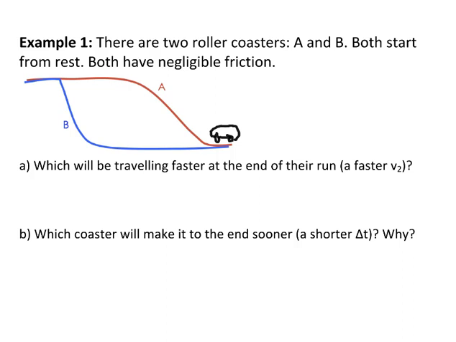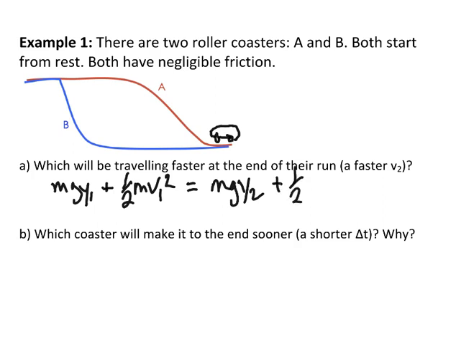Well, we can actually use our conservation of energy equation here, which is that mgy1 plus a half mv1 squared equals mgy2 plus a half mv2 squared. So the first thing you want to notice is that the mass is in every single term here, so the mass will cancel out.